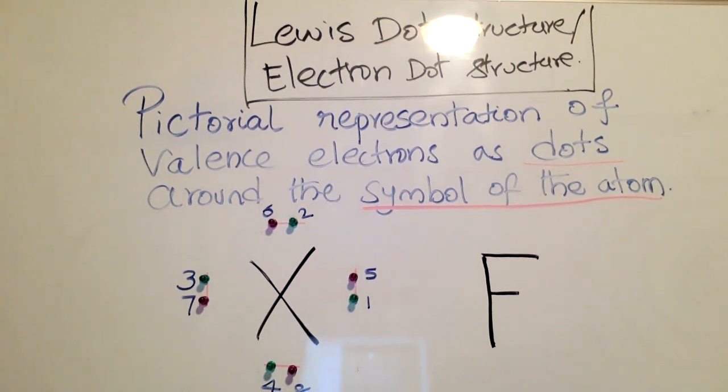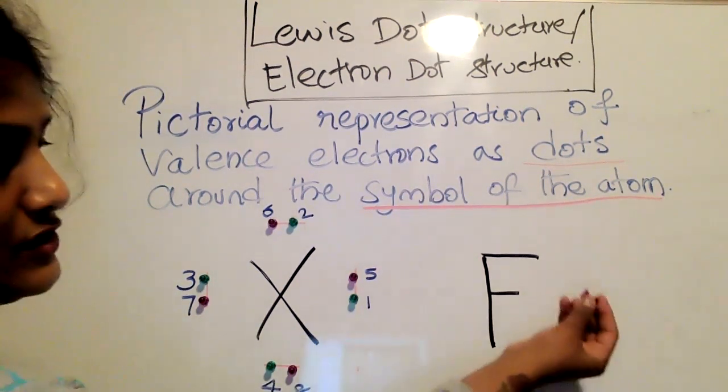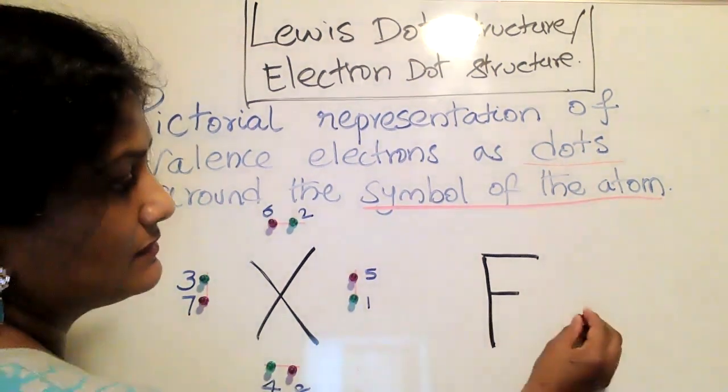It's in group 17. Can you guess how many valence electrons there are in group 17? You're right, 7 valence electrons.